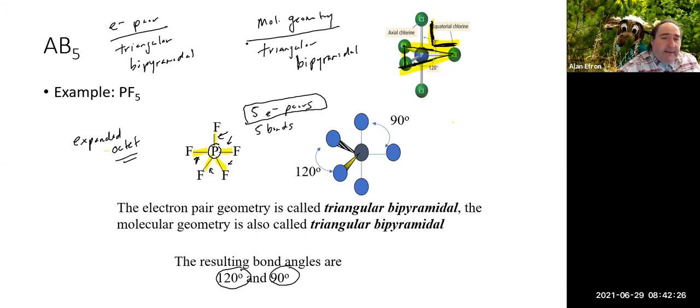Now, when we talked about the expanded octet, we could have 5 electron pairs around the central atom, which gives us 10 electrons. We also can go upwards of 12 in most situations, and that gives us another geometry in the expanded octet.